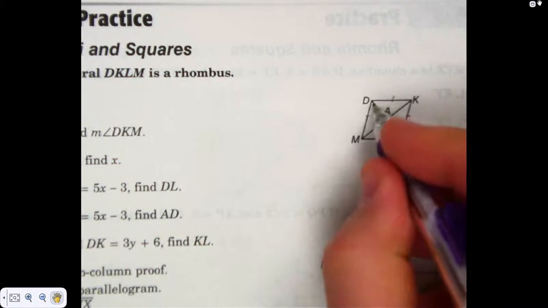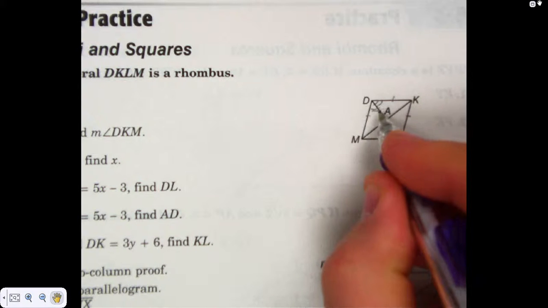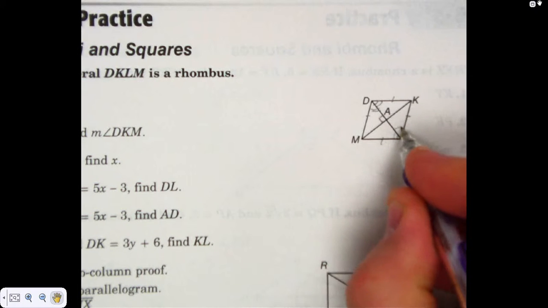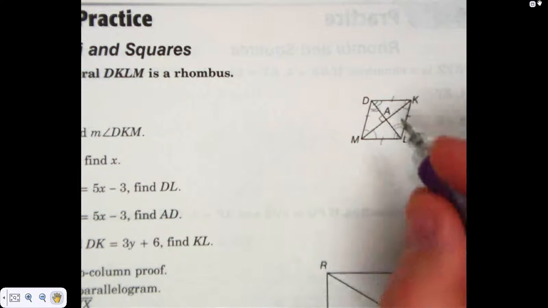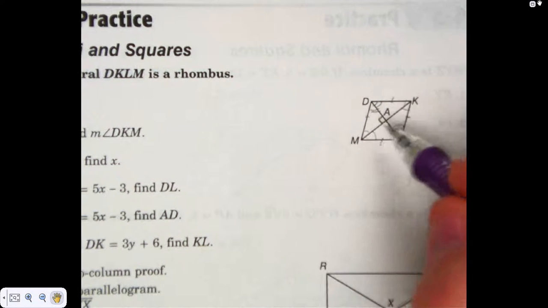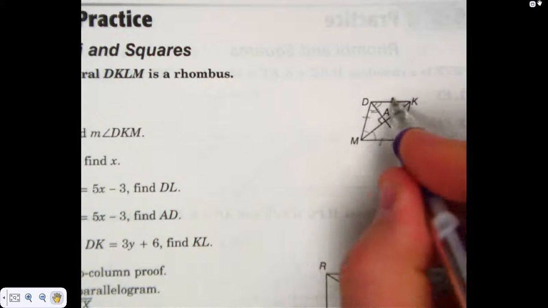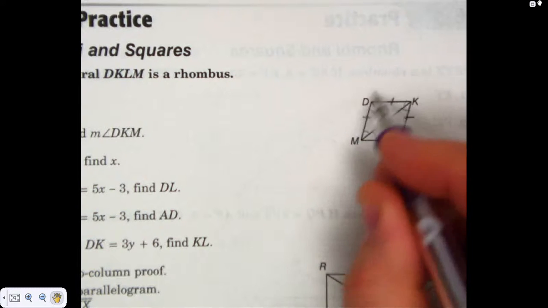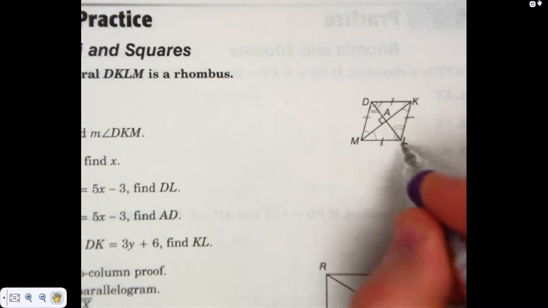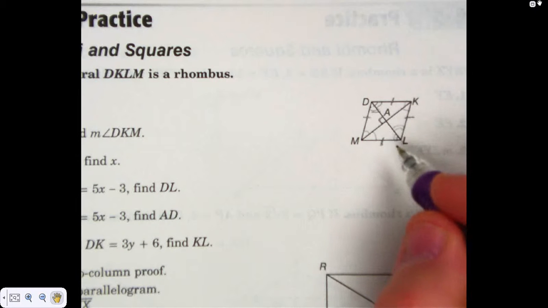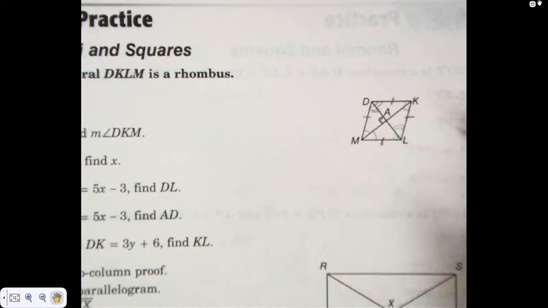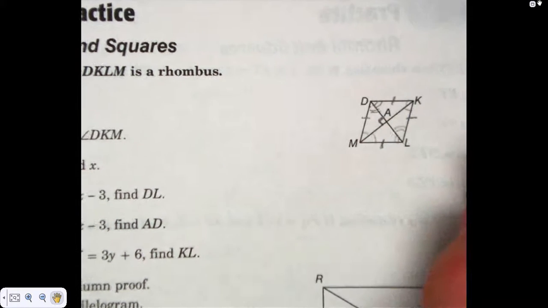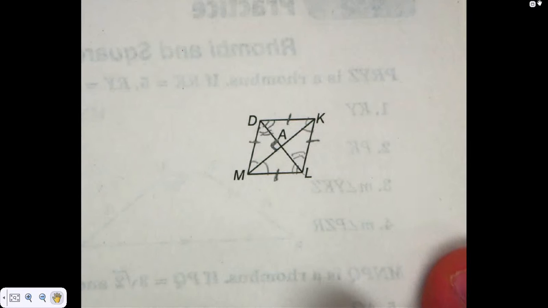These are 90 degrees, and these get cut in half. You might write, that's basically what happens. Those are the special things that happen in a rhombus. Sides are congruent. The angles get what? Bisected. And the diagonals are perpendicular. They intersect to form a right angle. Those are the things that happen with a rhombus.